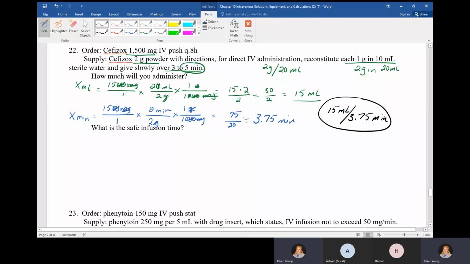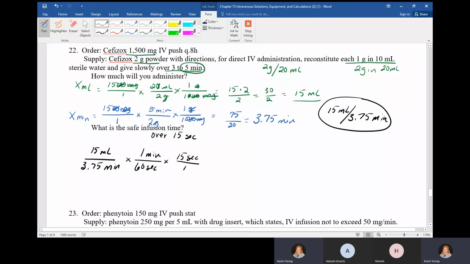So then, again, my safe infusion time, it's over the 15 seconds. How much am I going to give every 15 seconds? So I take what I just found, the 15 milliliters over 3.75 minutes times my time conversion, 1 minute, 60 seconds, and then times my 15 seconds.